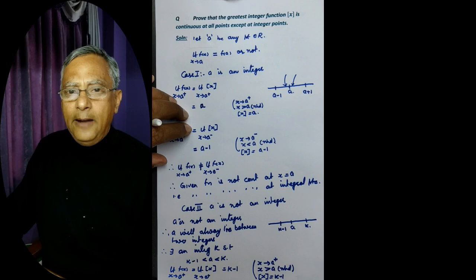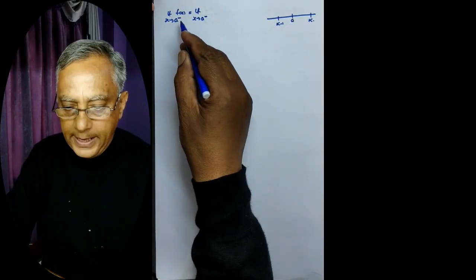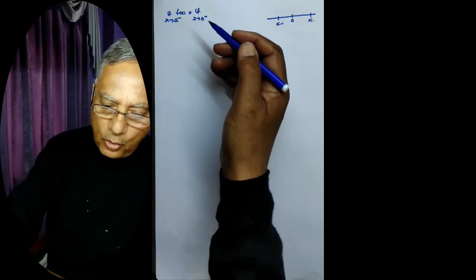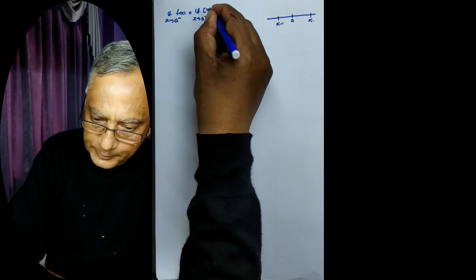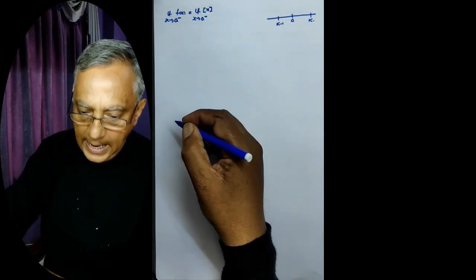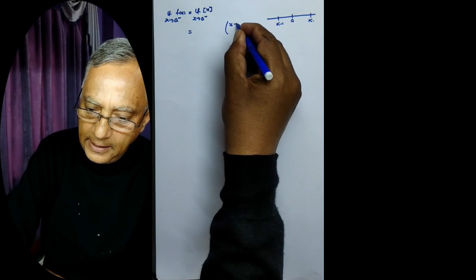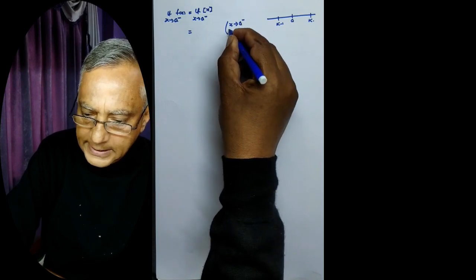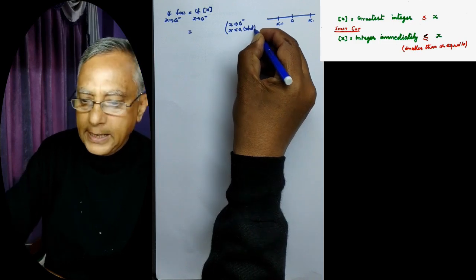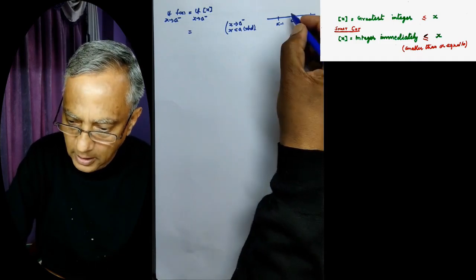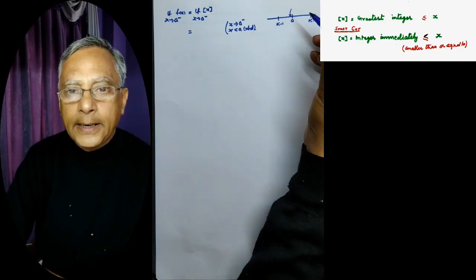Now we come to the left-hand limit. Therefore, limit x approaches a from negative side f(x) is equal to limit x approaches a from negative side integral value of x. As x approaches a from negative side, x is less than a in a neighborhood of the point a, that is very close to a. Say x is somewhere here.